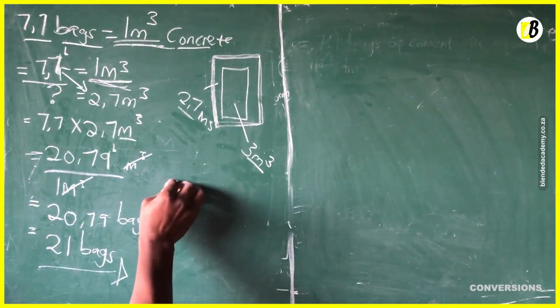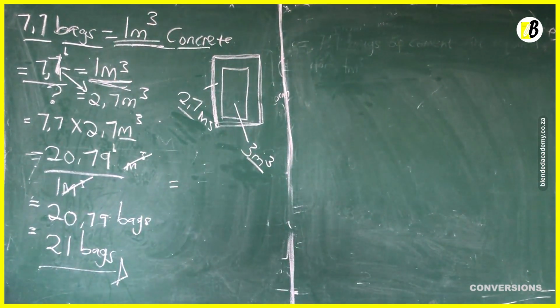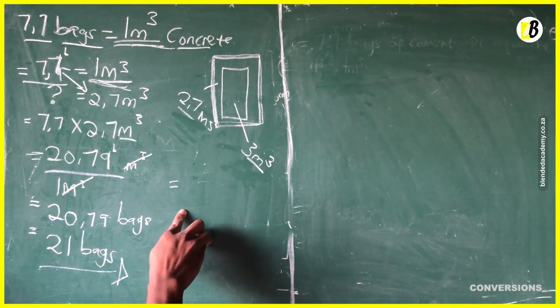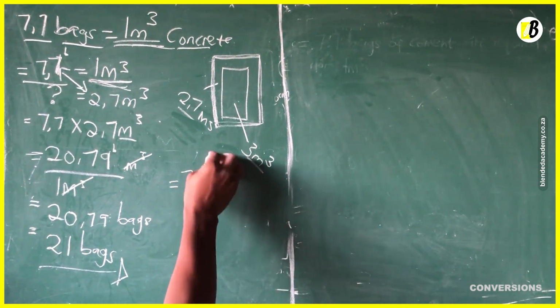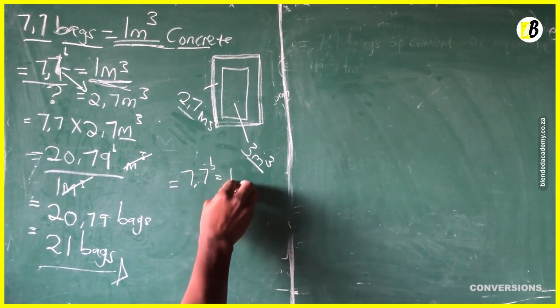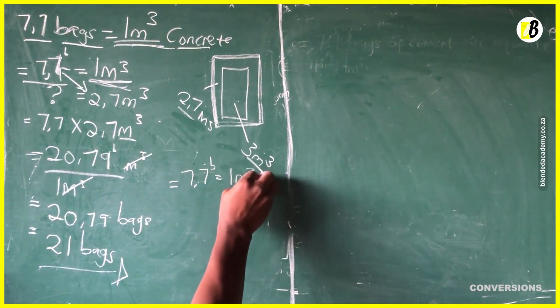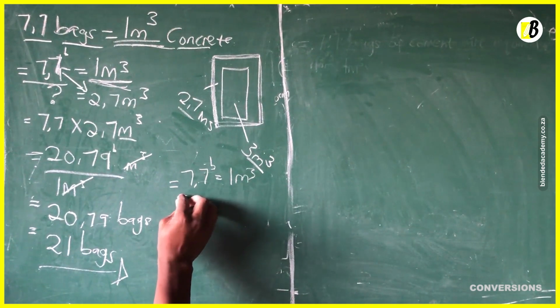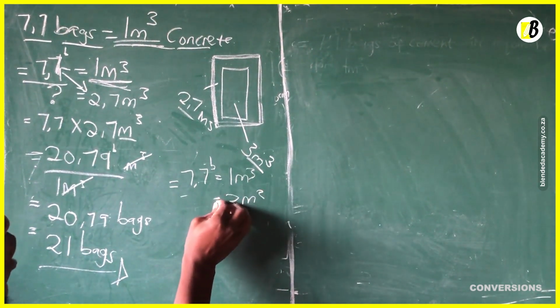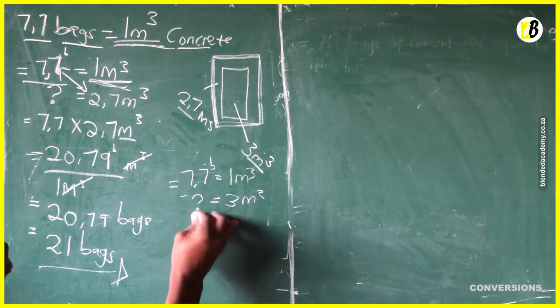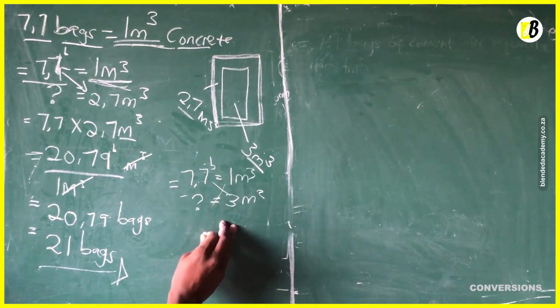Now let's look at the inner side, right? So we're going to implement the same procedure here as well. So 7.7 bags is equivalent to 1 meter cubic, right? And then 3 meters cubic would be equivalent to how many bags? This is what we want to find out. Remember, cross multiplication.